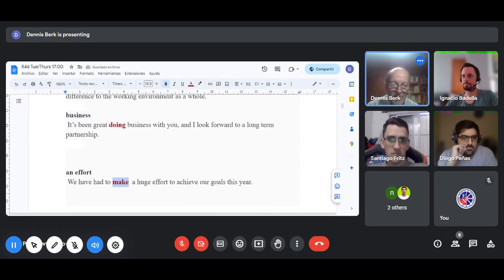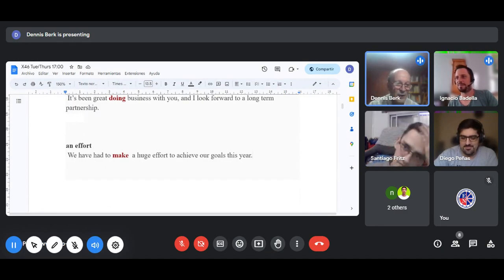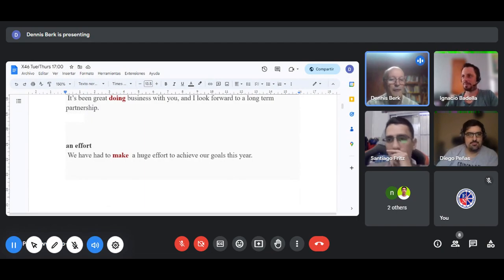This year is also a bit tough, no, for everybody, isn't it? It sounds like it's going to be a tough year. We haven't even gone halfway. So yes, we will all have to make a huge effort to achieve our goals this year. Yeah. So you make an effort.